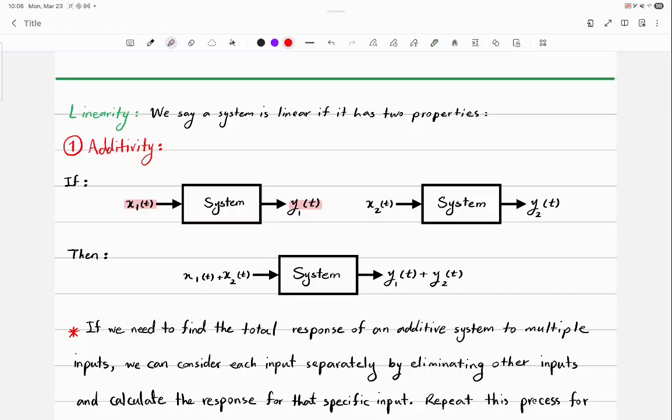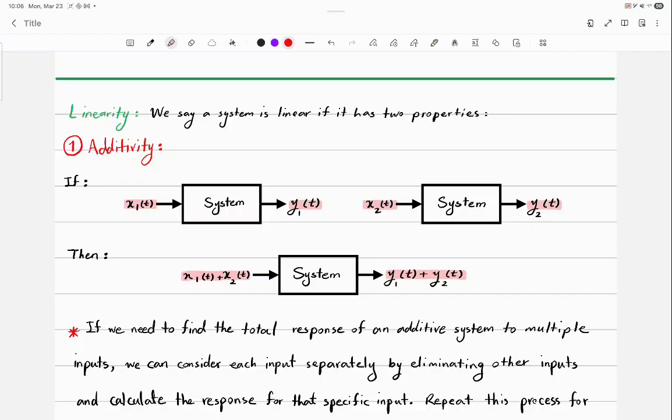So let's call that x2, and the associated output y2. Now, what happens if I give both of these inputs at the same time to the system? x1 plus x2. Then the output is going to be y1 plus y2.